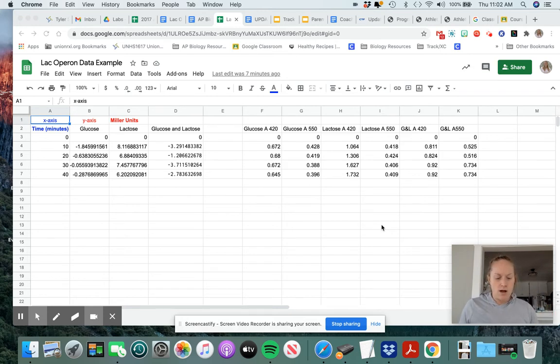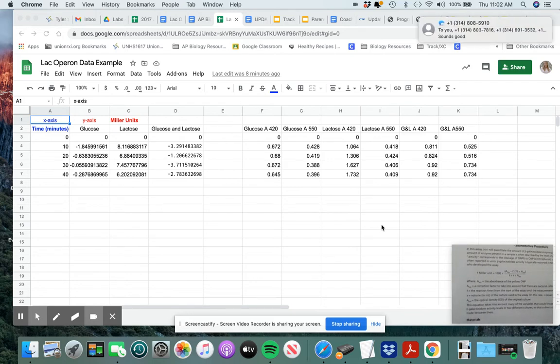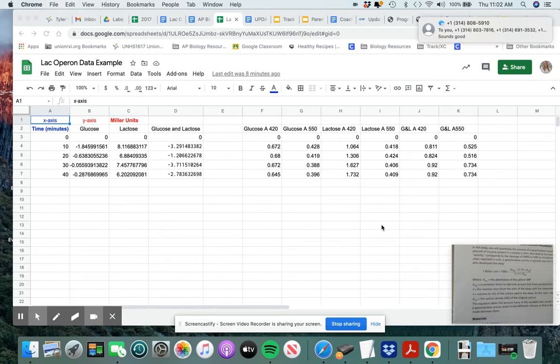Okay, so let's first go to where the description of the Miller units is, which I have to flip through my book to find. Okay, so it should be on page S6. So turn to S6, which is the quantitative procedure. And here you can find the equation for Miller units. And it gives a description of what every aspect of that equation is.